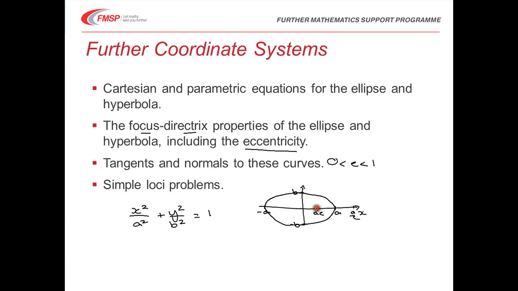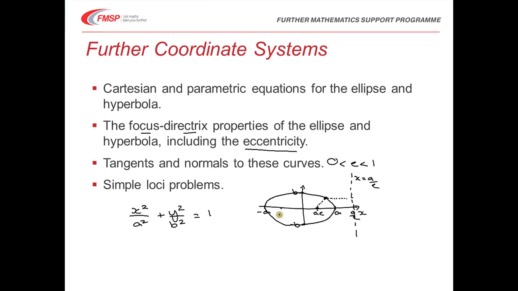Now (ae, 0) is called a focus, and the line x equals a over e is called the corresponding directrix. Those two objects have this property in relation to the ellipse: if you take a point on the ellipse, you take its distance to the directrix and multiply it by the eccentricity, that will be its distance to the focus, and that defines the points on the ellipse.